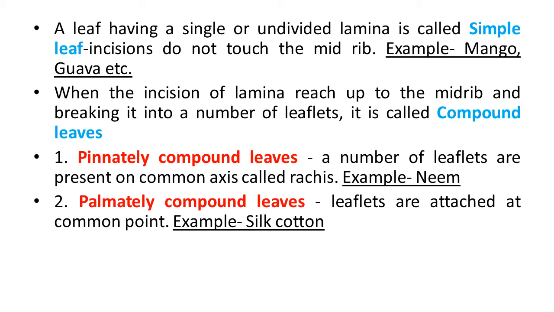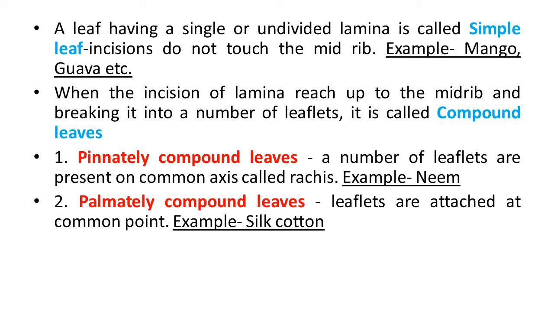Obviously all of you have seen the neem plant, and now you can compare by studying this topic what exactly pinnately compound leaves are, their meaning and the arrangement of leaflets on the rachis or axis.